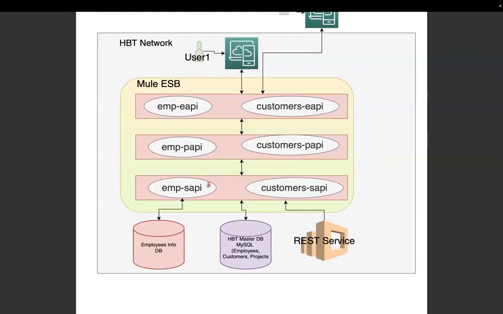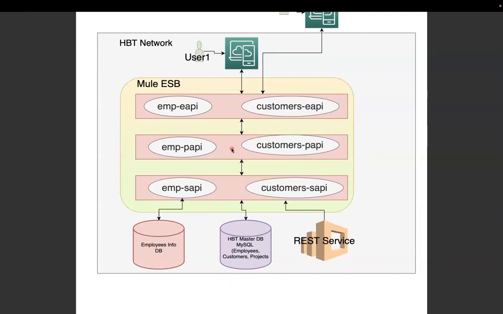And on top of the system API, we are going to create the process APIs. From process APIs, we are going to consume the system APIs within MuleSoft and extract that information, and we will build the main business logic within the process APIs.